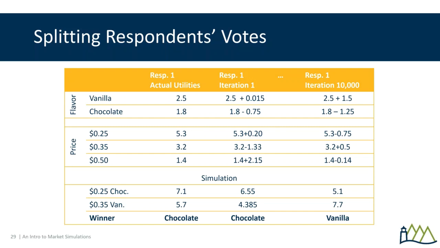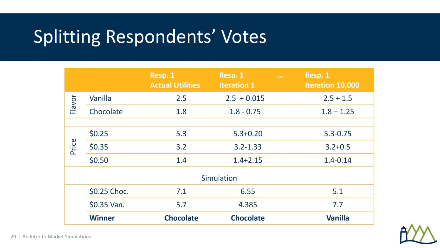Now on another iteration, like iteration 10,000, we might add a little bit of different error. Each iteration, we change the error that we add to the utilities. In this case, on iteration 10,000, vanilla ends up having a higher total utility, and so the first choice goes to vanilla.